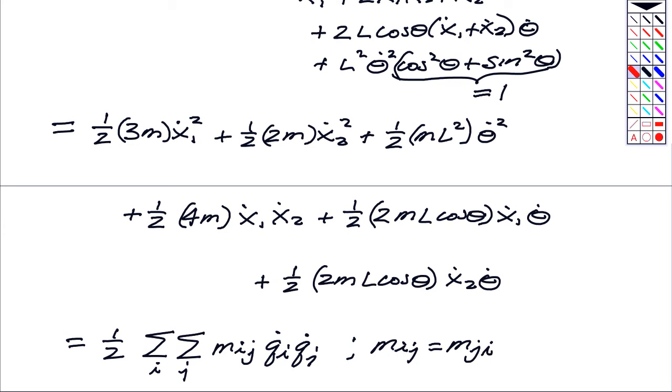It's not difficult to see that this is what m11 is. This is m22. This is m33. This one, we know it's going to be the coefficients of m12 and m21. It's going to be added together.